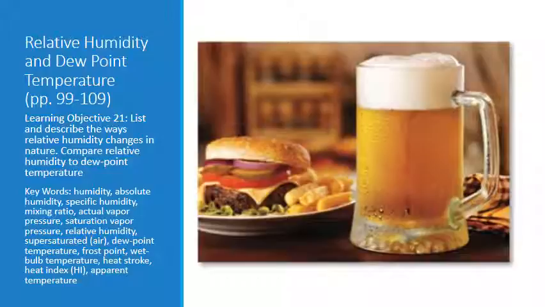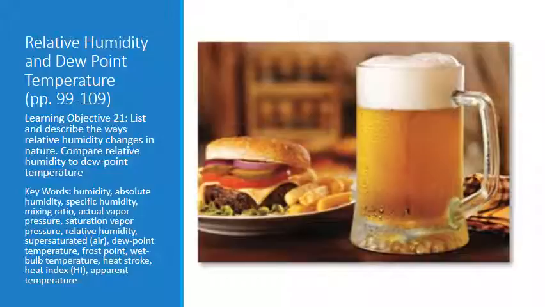The most familiar and unfortunately the most misunderstood term used to describe the moisture content of air is the relative humidity. So we'll say it again and show it to you a couple times, but make sure to jot this down.